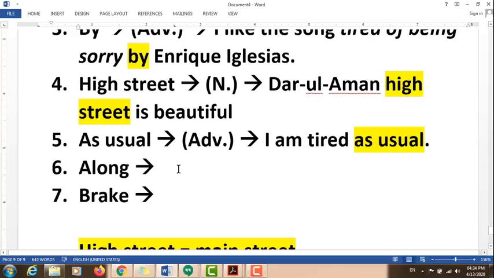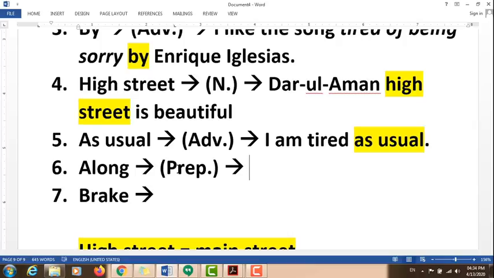Along. Okay, along is a conjunction. It can also be used as a preposition, and here it's used as a preposition, من حیث حرف اضافه استفاده شده که معنایش میشه در امتداد.